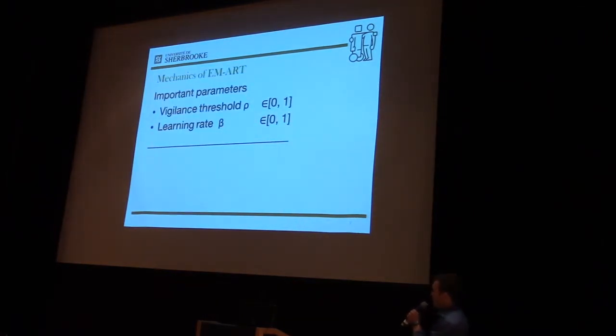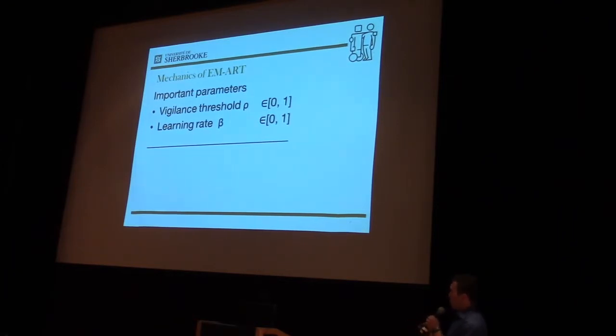As I said, there are important parameters in this model. The first one is the vigilance threshold, which is the threshold for pattern matching. We need to adjust these parameters according to the artificial emotion, so that the most relevant episodes will be recognized more easily. So we lower this parameter for important episodes.